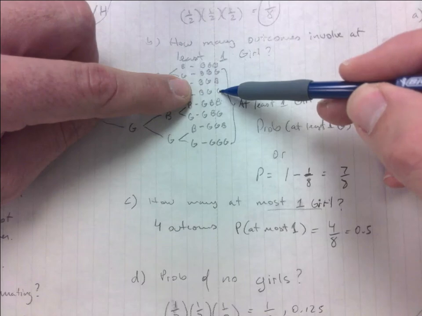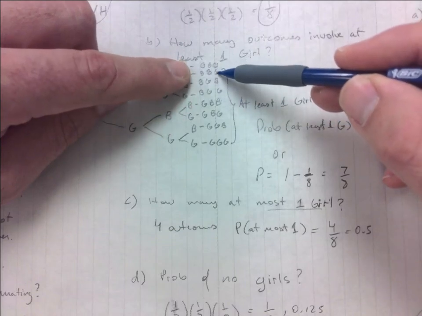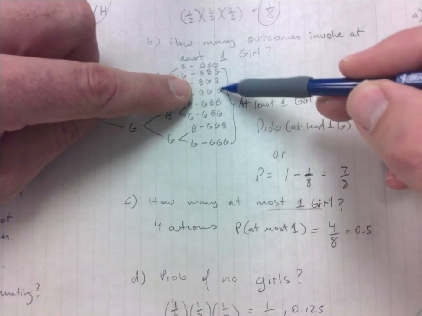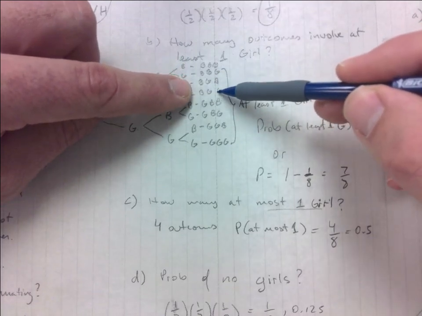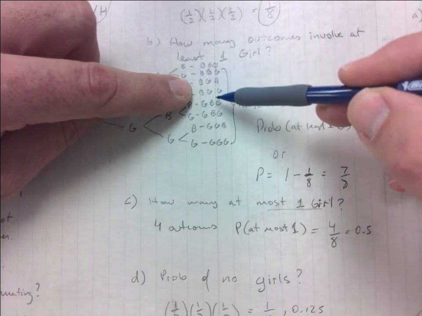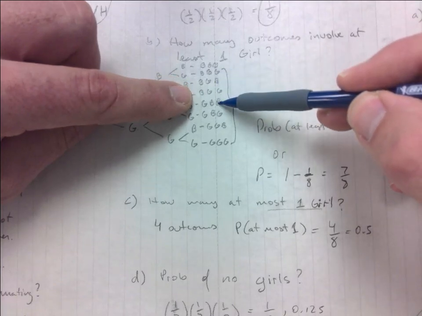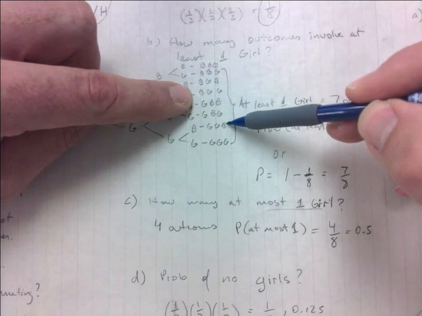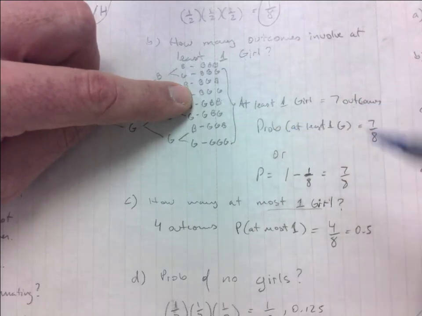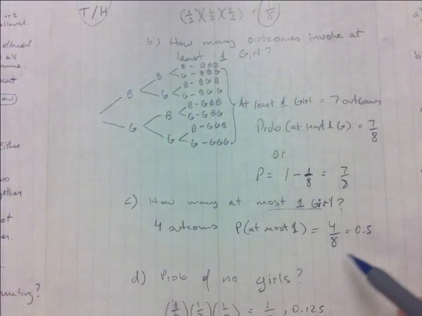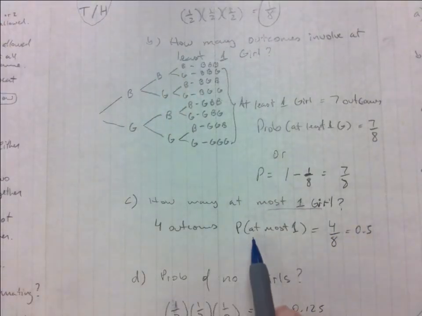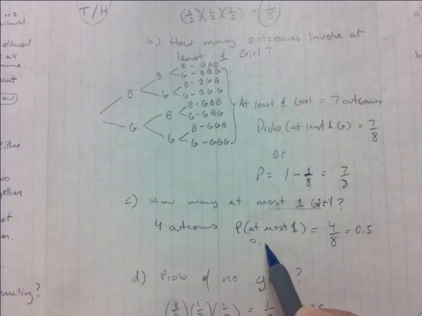So that's 4 right there. This one we wouldn't count because that's 2 girls. So 1, 2, 3, 4, right? And all the other ones have more than 1, so we wouldn't be counting those. You just count your instances where you have at most, so 0 or 1 in this case.